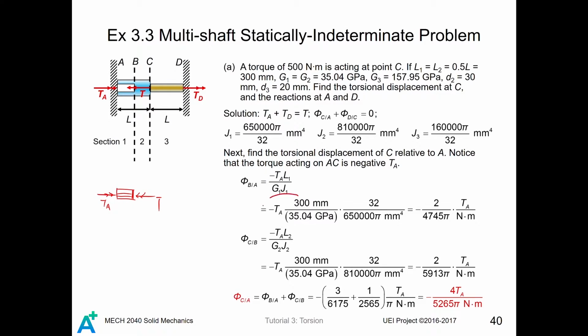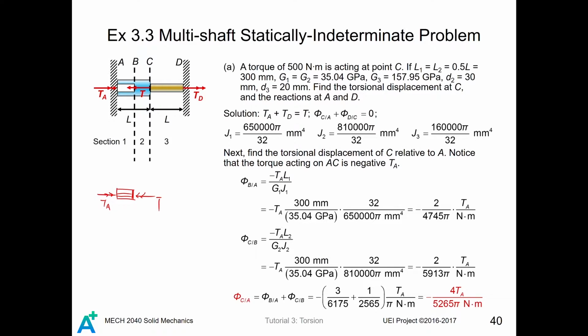By substituting all the values into it, what we are left with is just TA. The torsional displacement at point B relative to A equals minus 2 divided by 4745 pi times TA, per meter. Similarly, phi of C relative to B, the torsional displacement at point C relative to B, equals minus TA times L2 divided by G2 J2, but G1 equals G2, so those are the same.